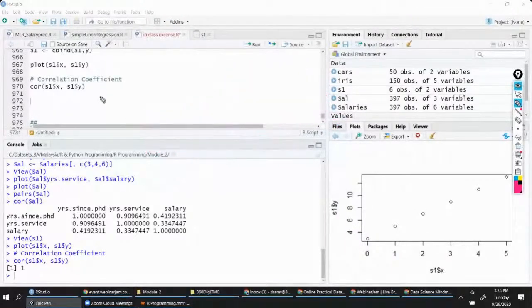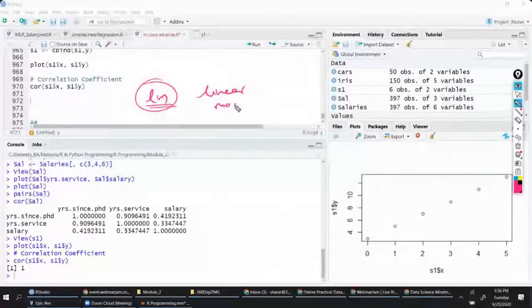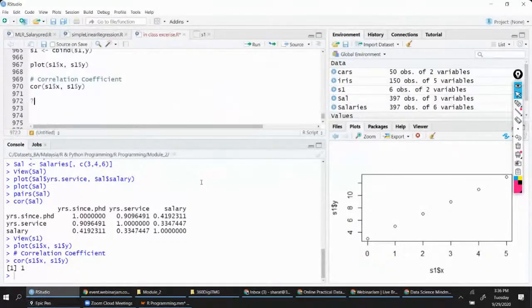That regression is done using a function called lm. lm basically means linear model. That's lm for you in R. So, question mark lm.